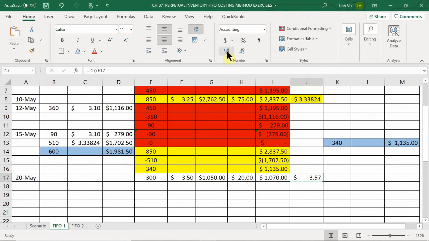$3.5666. Okay, no worries. A lot of sixes. Okay, so good. That means every 3,000 you'll lose 33 cents if you round up. So therefore, there you go, and I'm going to make this one green.